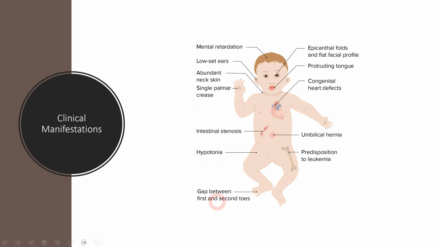Other than that, they have gaps between their first and second toes, and very rarely, although there is a possibility that these patients are predisposed to suffer from leukemia as well. Sometimes umbilical hernia can also occur, but one of the main findings which we frequently encounter in such patients is congenital heart defect. So this is something that we should always look for in a patient who is suffering from Down syndrome. These patients also suffer from macroglossia, you can say protruded tongue, very often. So these are the common clinical manifestations which normally we do encounter in a patient who is suffering from Down syndrome.